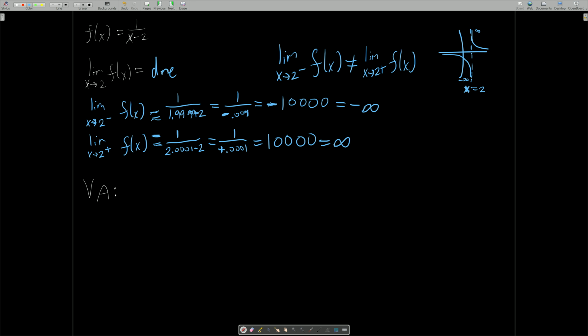This limit cannot exist because these two limits are not equal. So the limit as a whole, as x approaches 2, just doesn't exist.